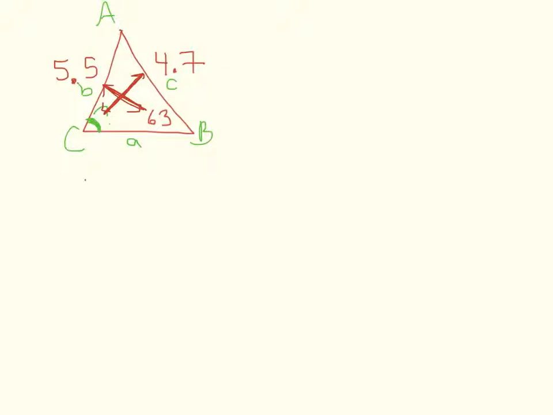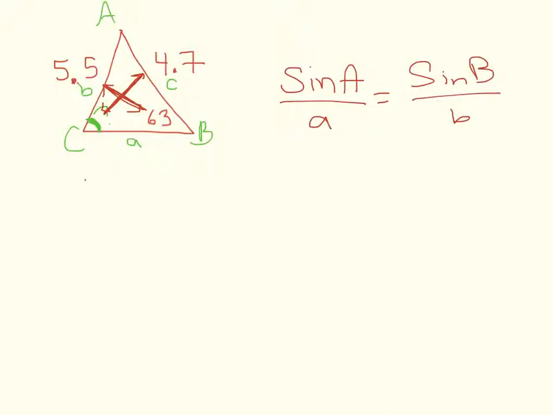This time, because we're solving for the angle, it will be easier to write the ratio on top. So sine A over a equals sine B over b. So 1 was labeling, 2 was the formula, 3 is substituting in values.